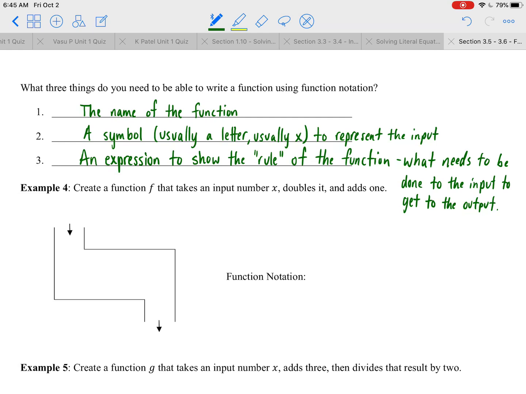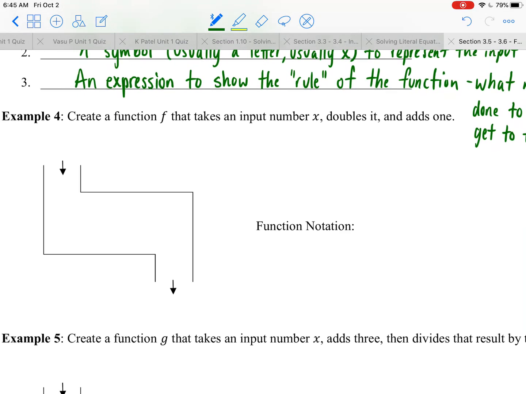Okay, so example 4 wants us to create a function that takes an input number x, doubles it, and adds 1. So here's our function. F is the name of the function. So it takes inputs, which it calls x. And what does it do? It doubles it and adds 1.